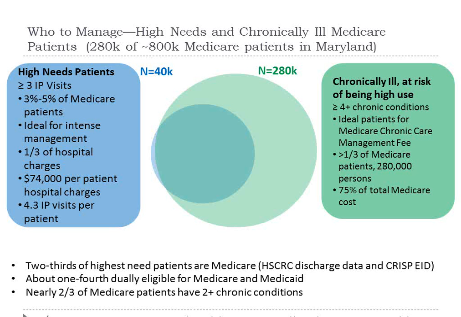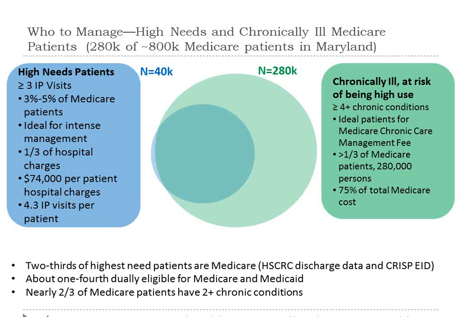At the same time as we're focusing on the high needs patients, we're also trying to focus on how to support the community-based providers and the primary care providers as they address the chronically ill patients, particularly with the introduction of the new Medicare chronic care management fee that was effective January 1.